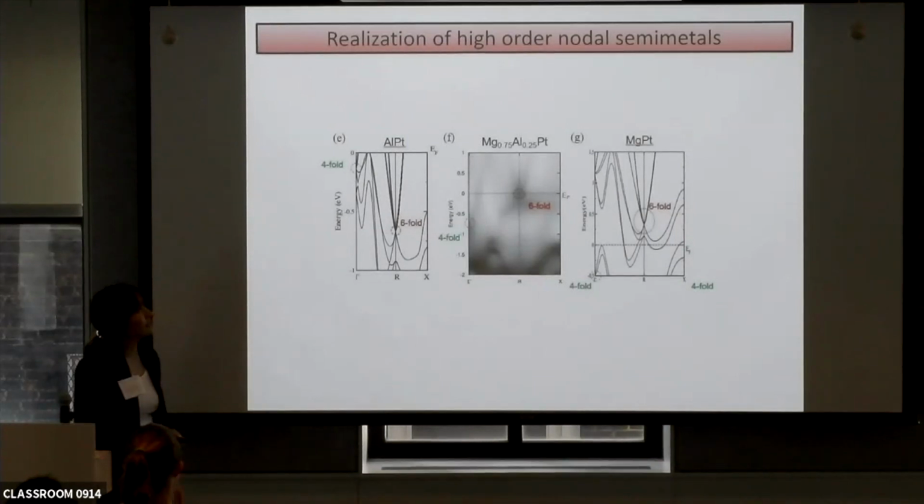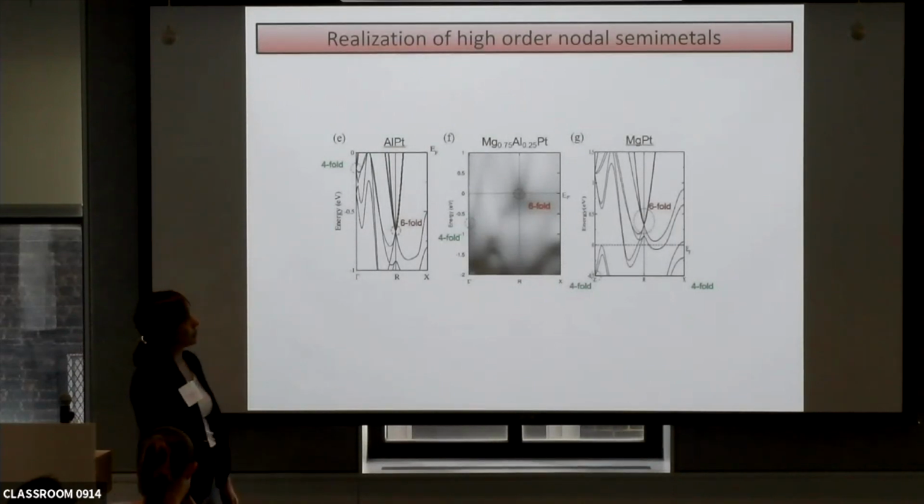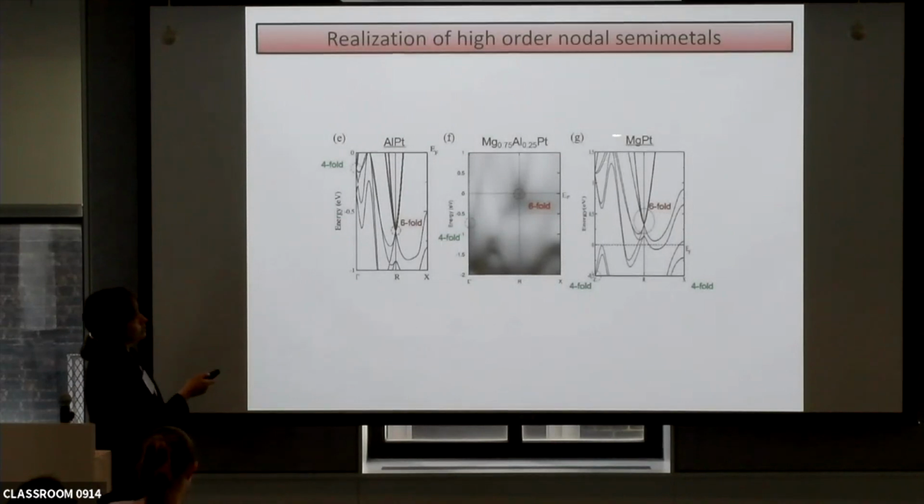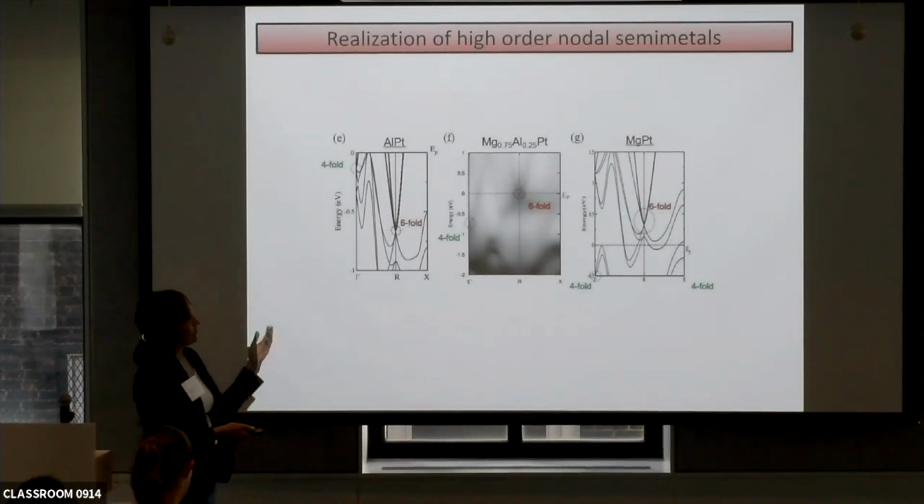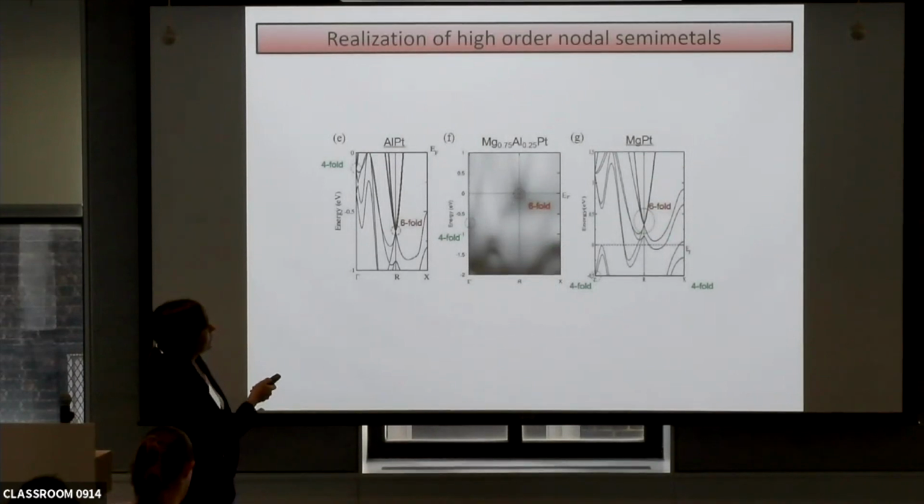So we thought that one way of lifting the sixfold to the Fermi level was by designing an alloy. The aluminum platinum belongs to a family that has a lot of different compounds. So one is, for example, magnesium platinum that has the sixfold over the Fermi level, where the idea is about designing an alloy that could lift the sixfold point right here.